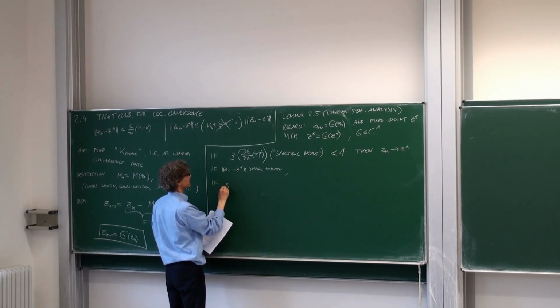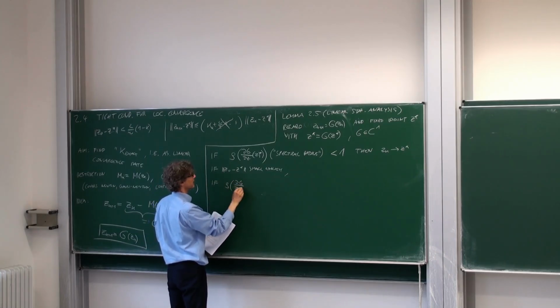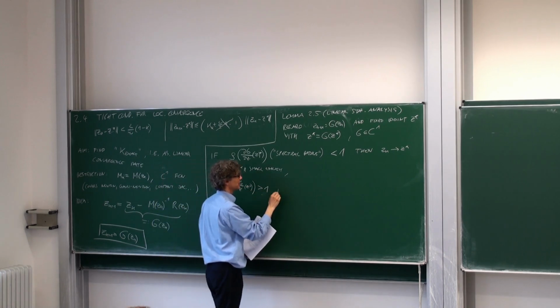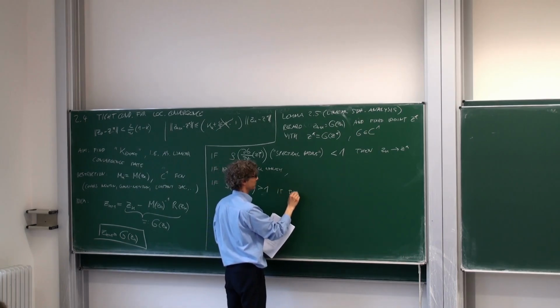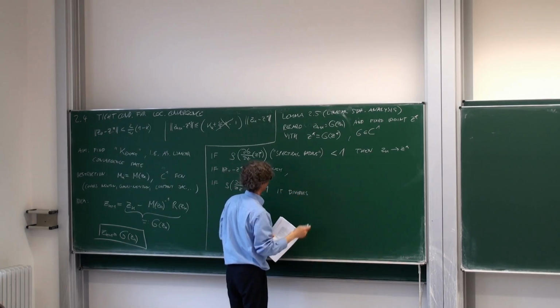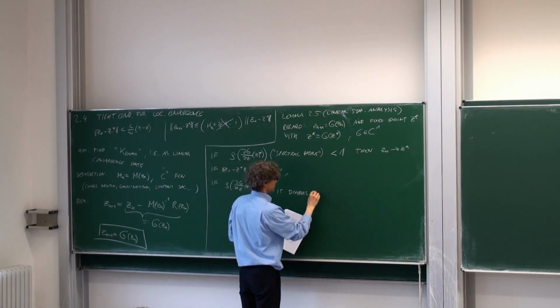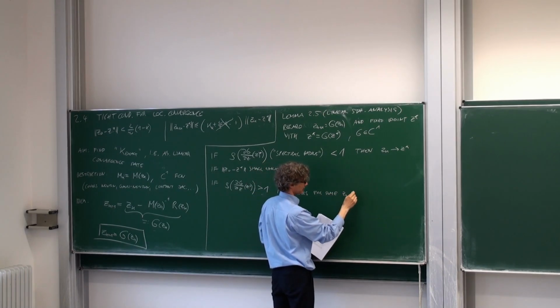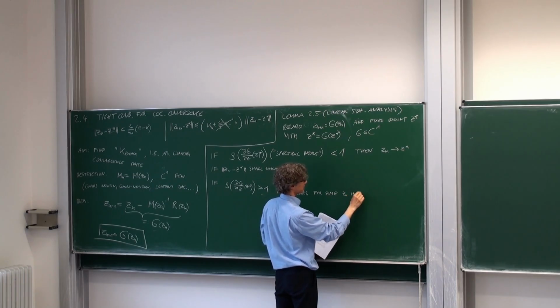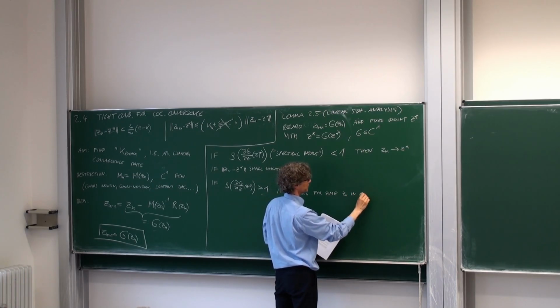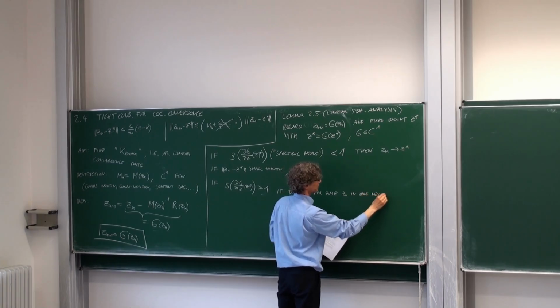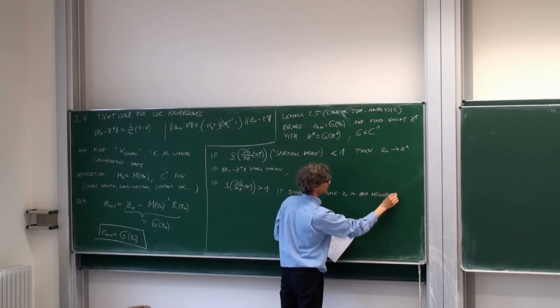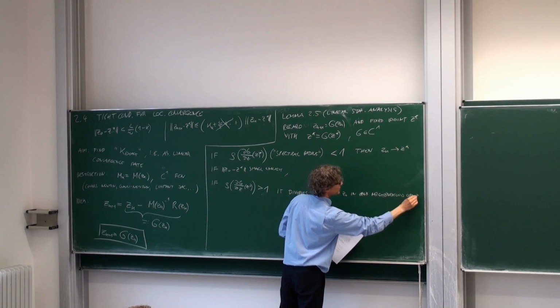If, on the other hand, the spectral radius of dG/dz at z star is bigger than 1, it diverges, at least for some z_0 in any neighborhood of this point z star.